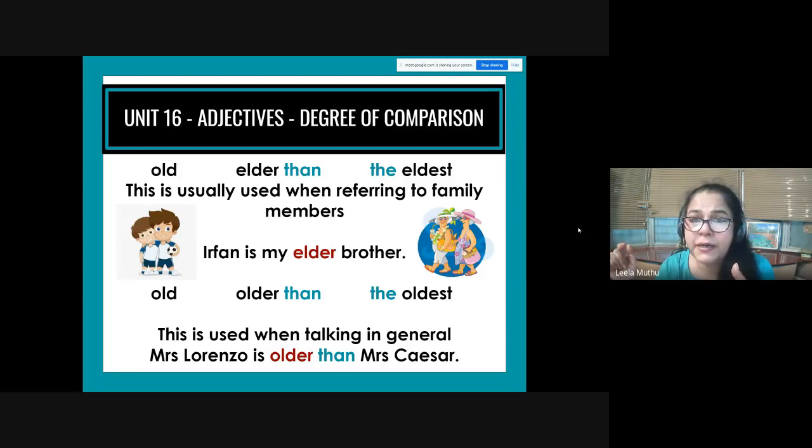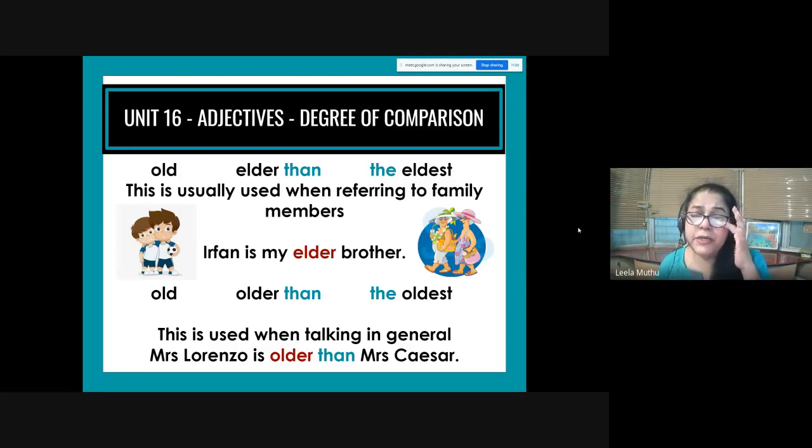But when you're talking about somebody in general, supposing you have a neighbor, you say Mr. Dilip is older than Mr. Raj, for example. But my uncle is elder than my aunt, or my cousin is elder than my other cousin.